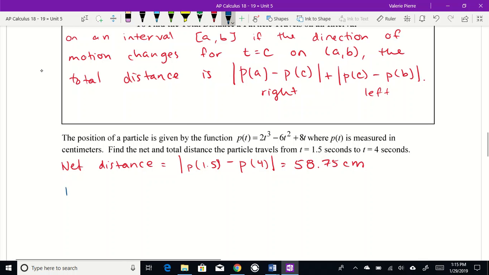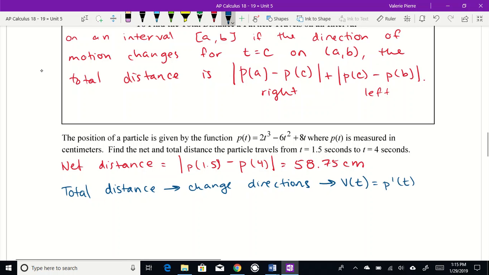Now, to find our total distance, we need to find when, if ever, did we change directions, which means we need to find when v of t, which is the same thing as p prime of t, equals 0 and changes from positive to negative.